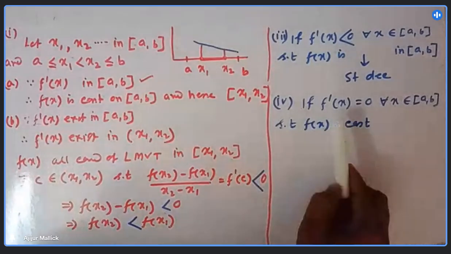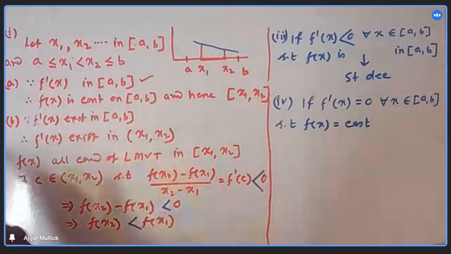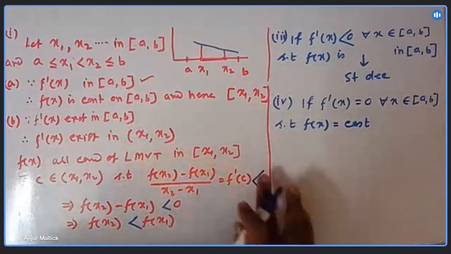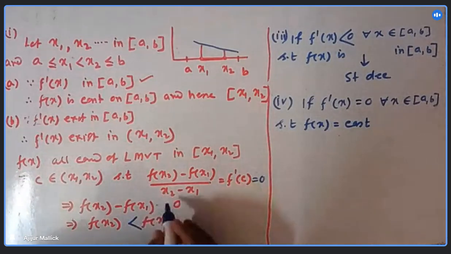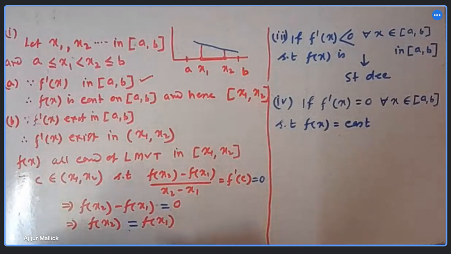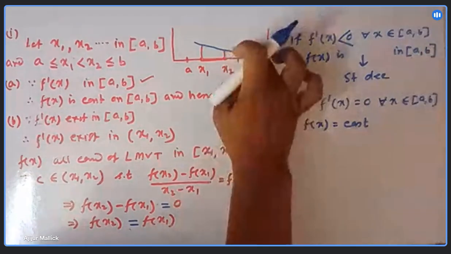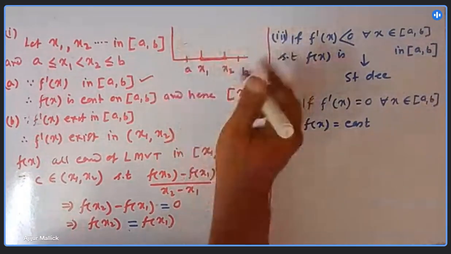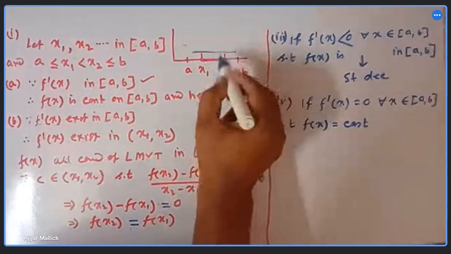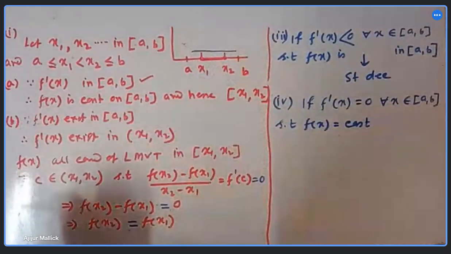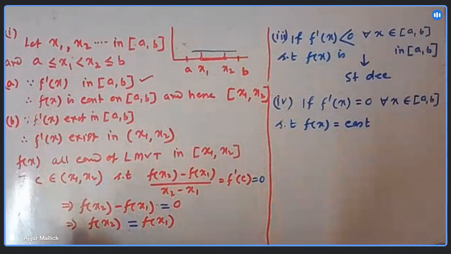What will be changed here? Here f dash x is equal to 0, so you will write f dash c is equal to 0. So f(x2) is equal to f(x1). In the diagram, f(x2) equal to f(x1) means this height is the same, and the same height means it is constant. Ankona, is it clear? Is it right?